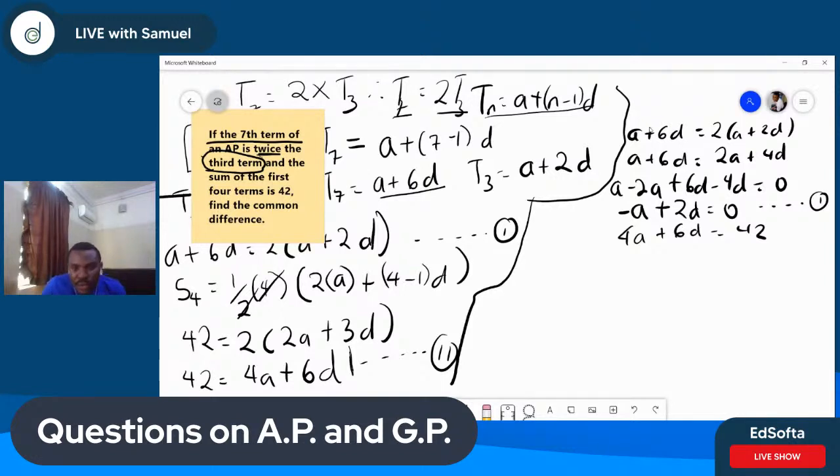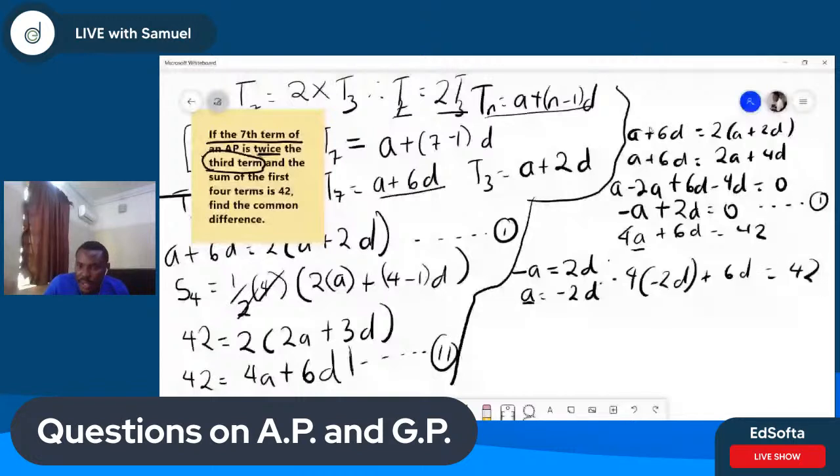All we just have to do is look at the first equation, minus A. We can say minus A is equals to 2D. That means A is equals to minus 2D. So we can substitute A here with the A here. And what we now have will be 4 into bracket minus 2D plus 6D is equals to 42. That is minus 8D plus 6D is equals to 42.